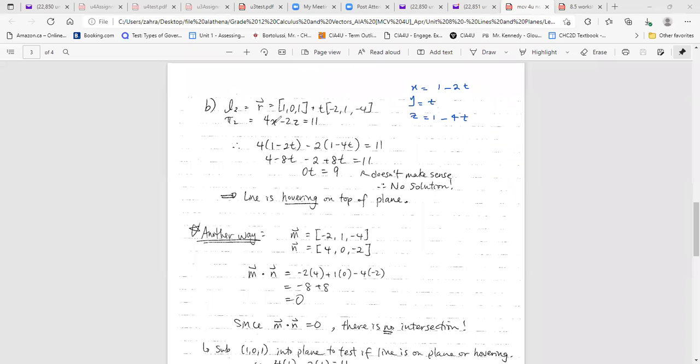Now in the plane equation, we just have x and z. Instead of x, we put 1 minus 2t. Instead of z, we put 1 minus 4t. We solve for t. We see 0 equals a nonzero number, which is impossible. So there is no solution.